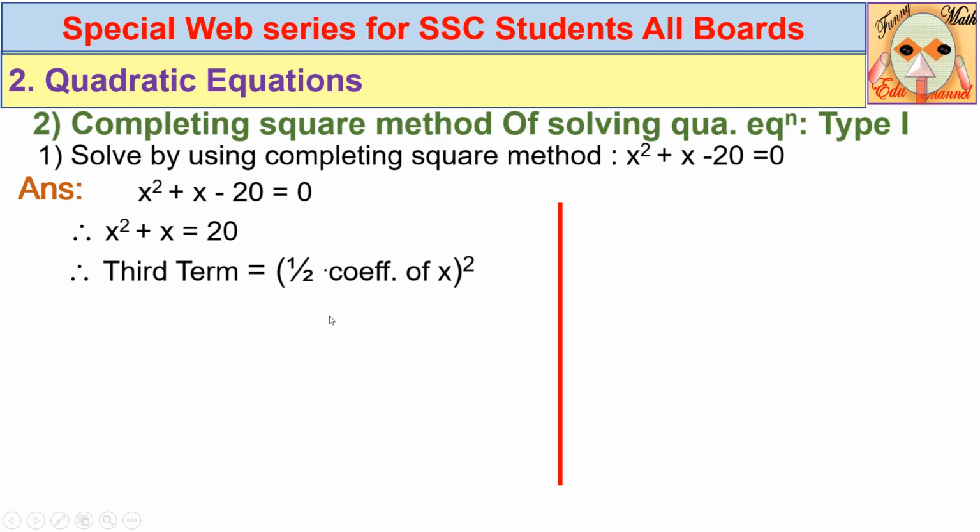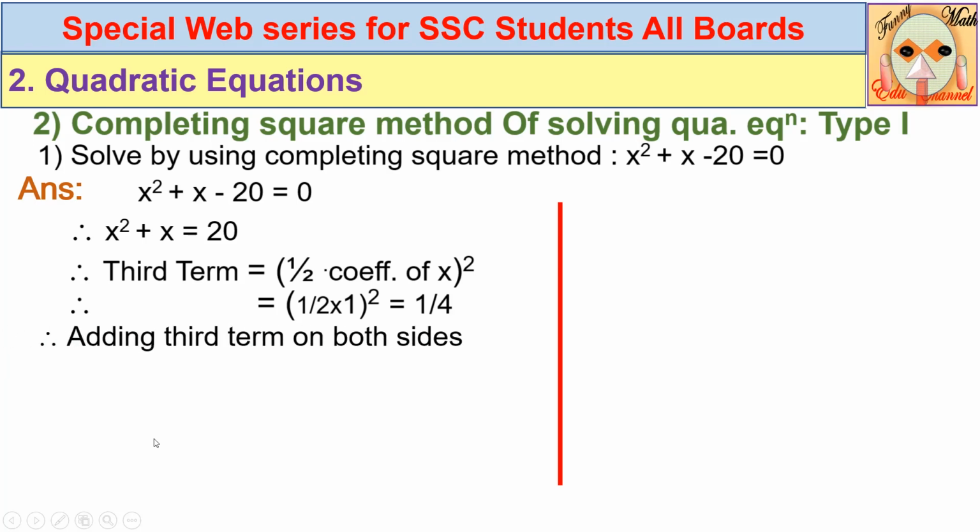So we have 1 half into the coefficient of x, which is 1, and its complete bracket square. You have here 1 half after simplification, and its square will be 1 upon 4. Now this 1 upon 4, that is the third term, you have to add on both sides. So this is the next rule, you have to add the third term on both sides.